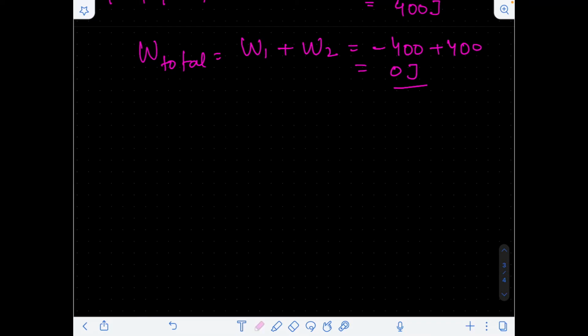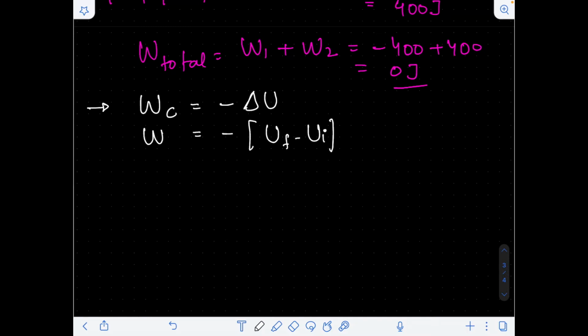Also, the work done by the conservative forces can be written as the negative of the change in potential energy, that is minus delta U, meaning final potential energy minus initial potential energy. It is a very easy calculation.